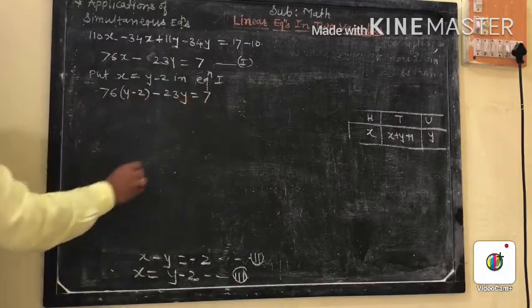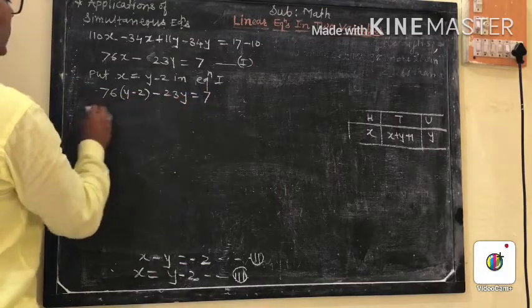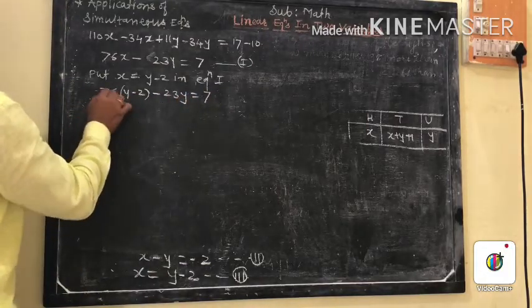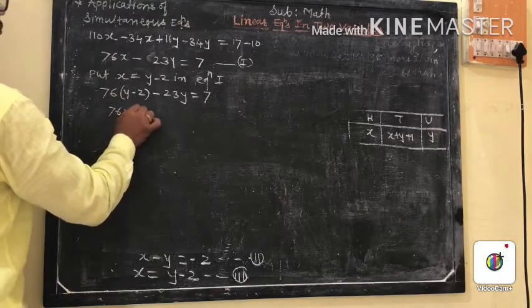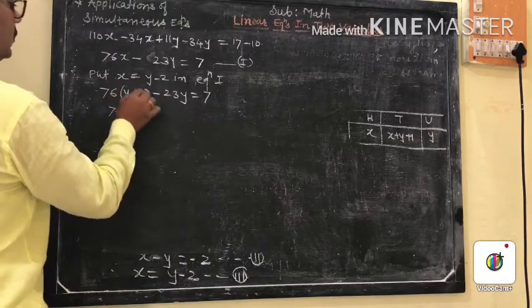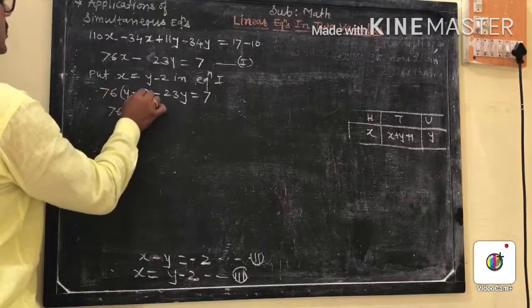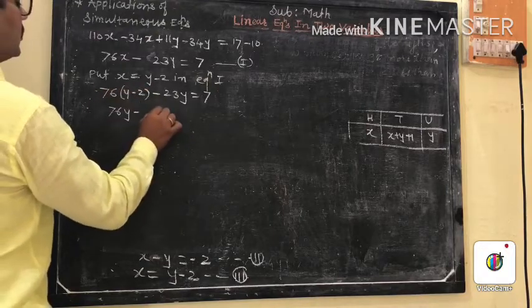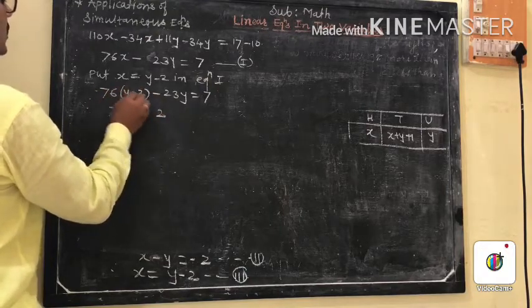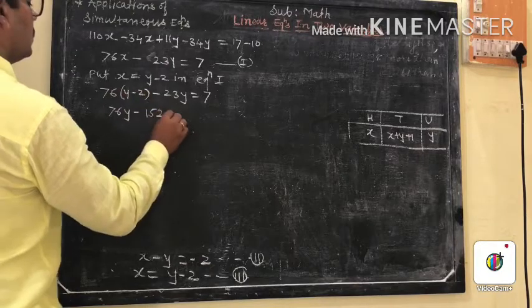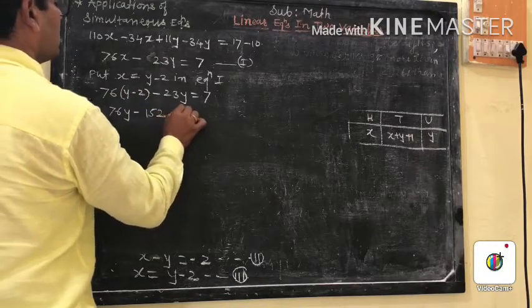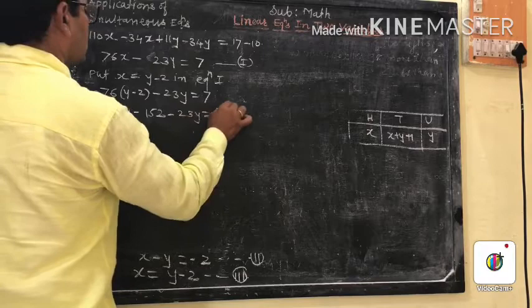This equation is in one variable. Simplifying: 76y minus 2 into 76, that is 152, minus 23y is equal to 7.